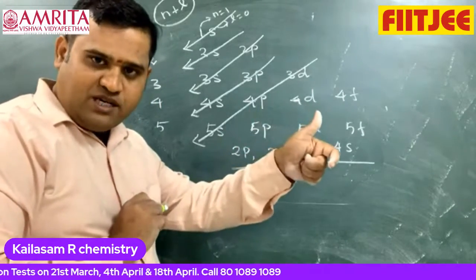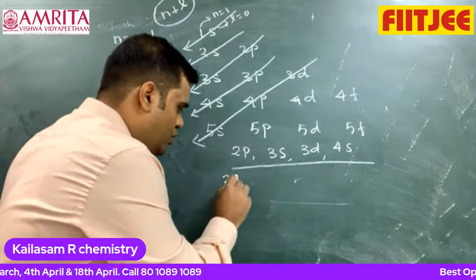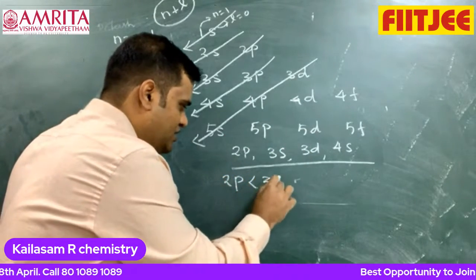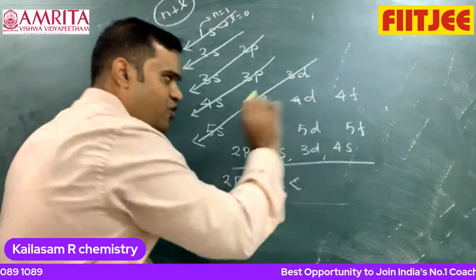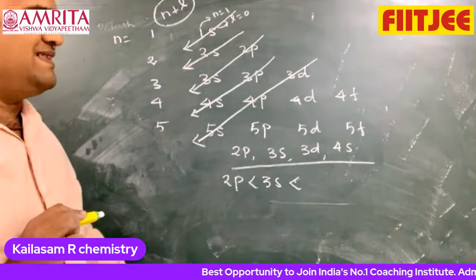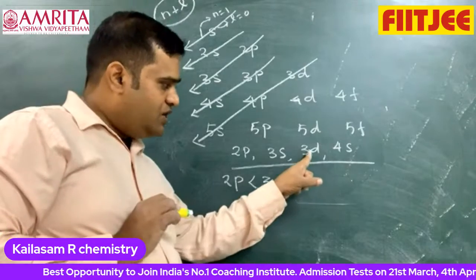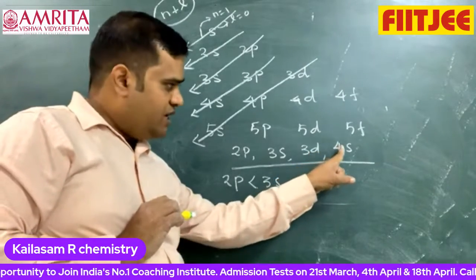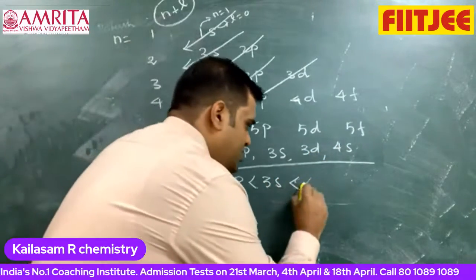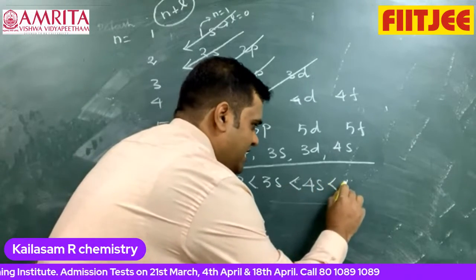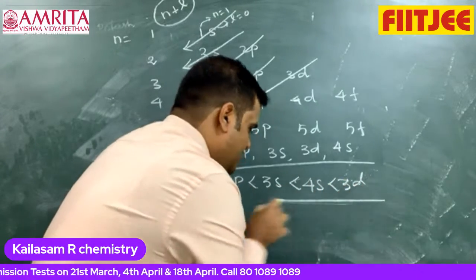Then go with the principal quantum number. Therefore 2p is the lower energy level, then 3s. Then go with 3d and 4s. 3d means 3 plus 2, which is 5. Here 4 plus 0 is 4. Therefore we write 4s first, and then 3d. This is what they will ask you.